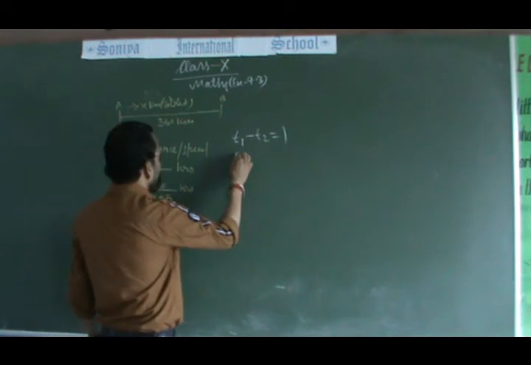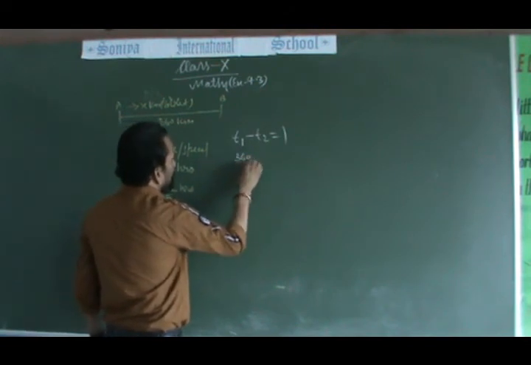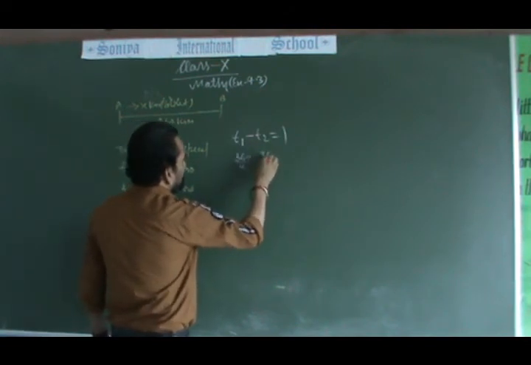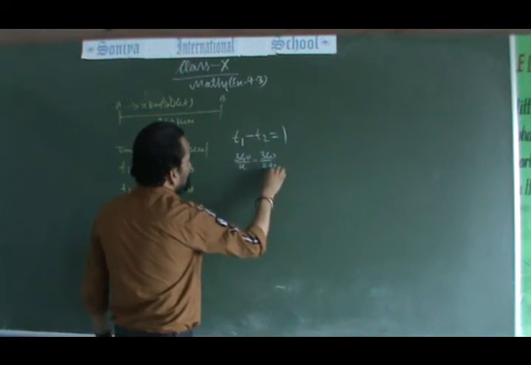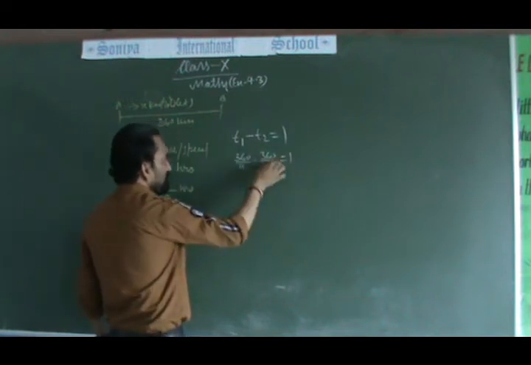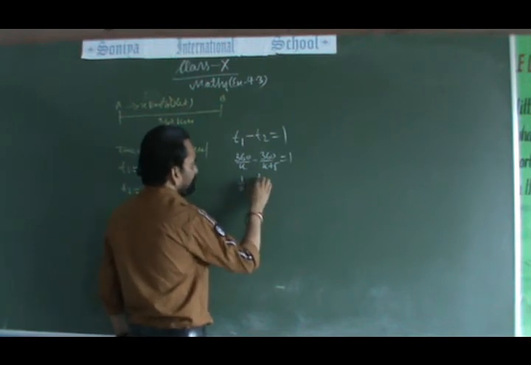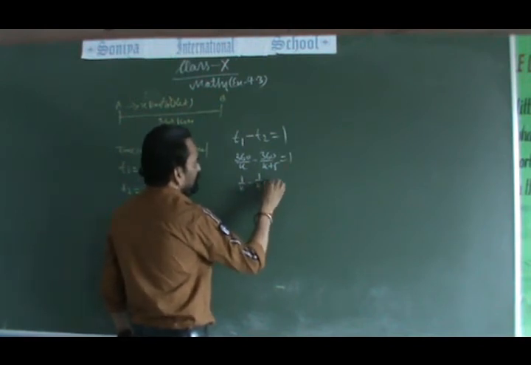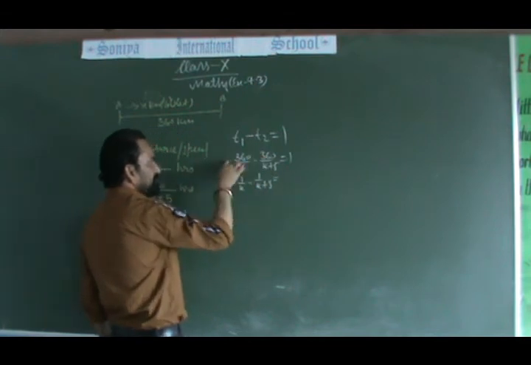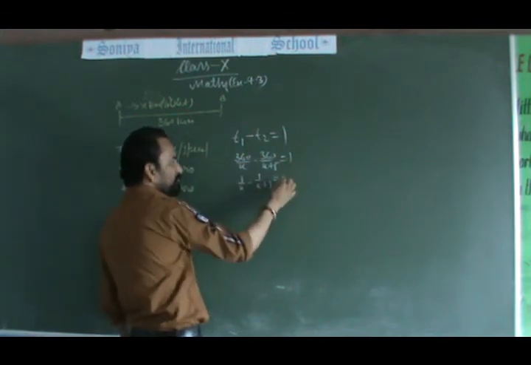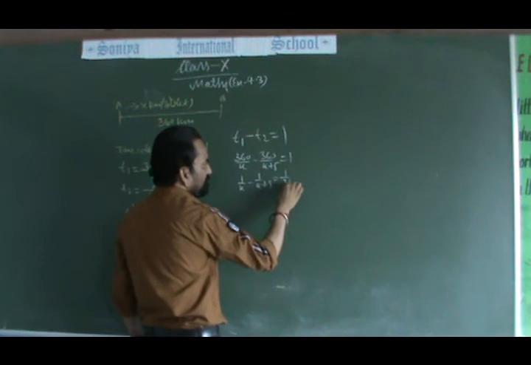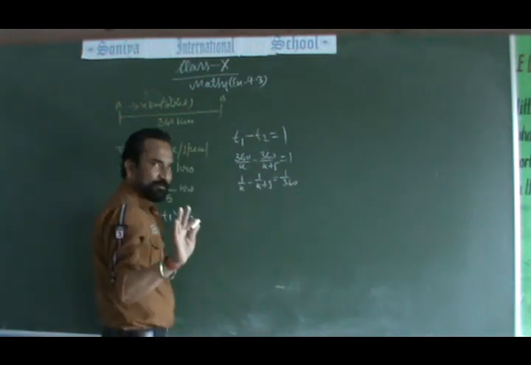What is T1? 360 upon x minus 360 upon x plus 5. Solve it. 360 is common. First you simplify. Don't go in a hurry. When we take 360 as common, it transposes to the other side. It becomes 1 upon 360. Am I right or not?